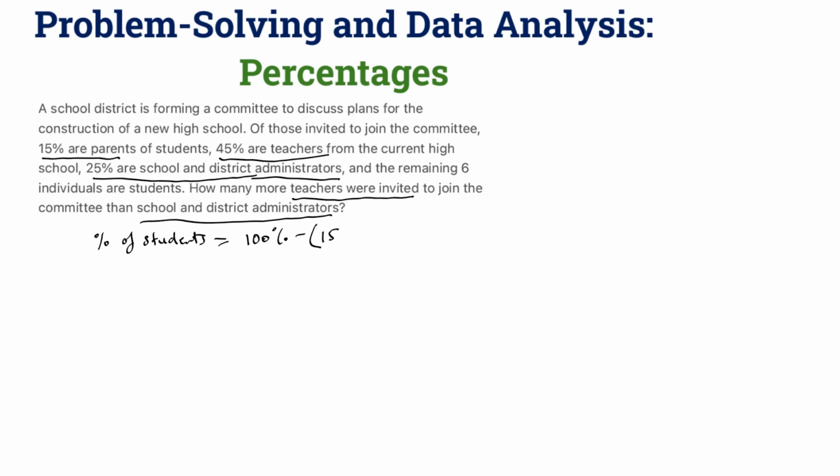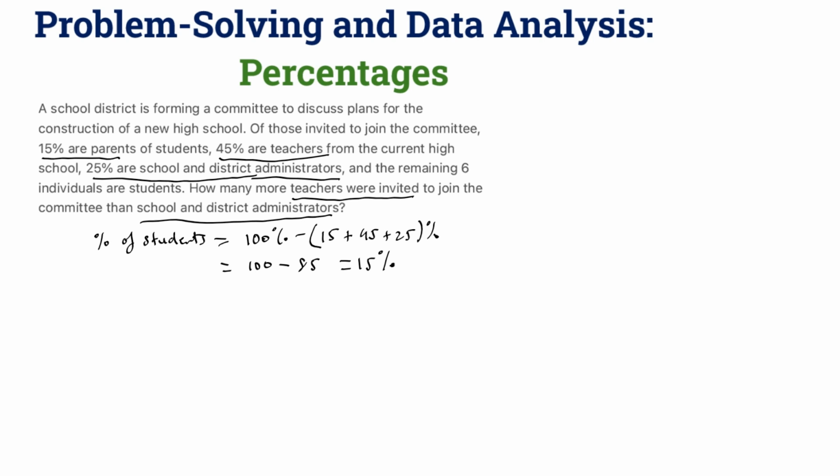So 15 for parents plus 45 for teachers plus 25 for admins. And so we got 60 plus 25 is 85. So that's 100 minus 85, which is going to be 15%. Okay. So the percentage of students is 15.